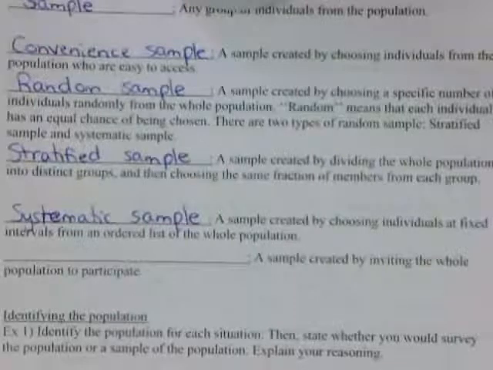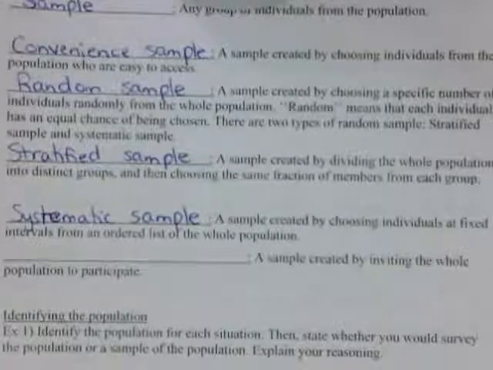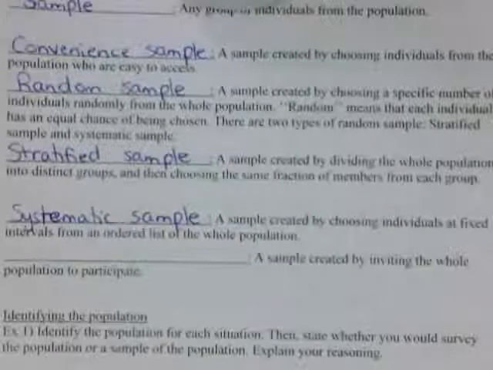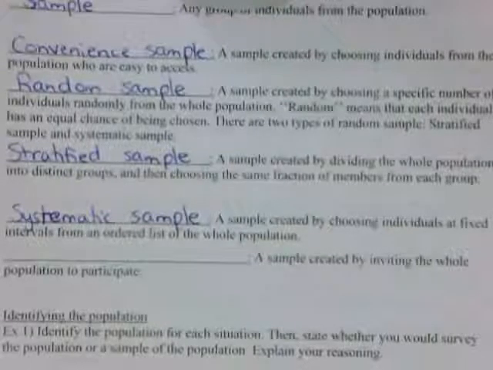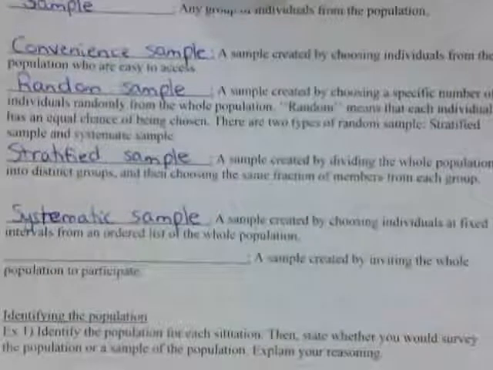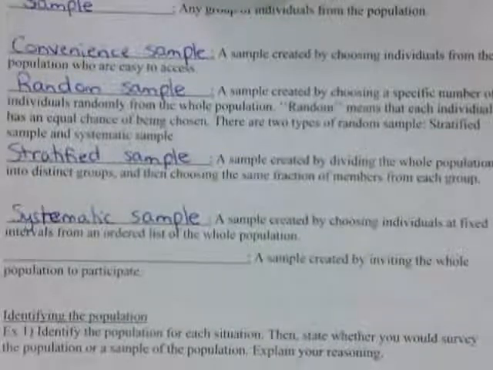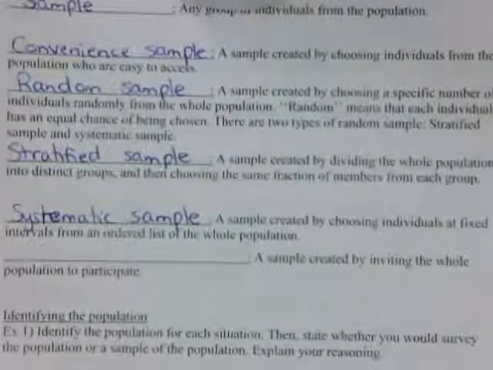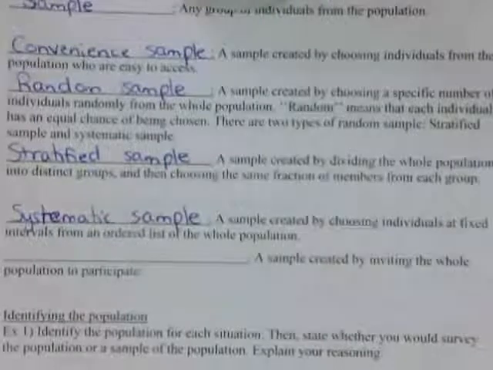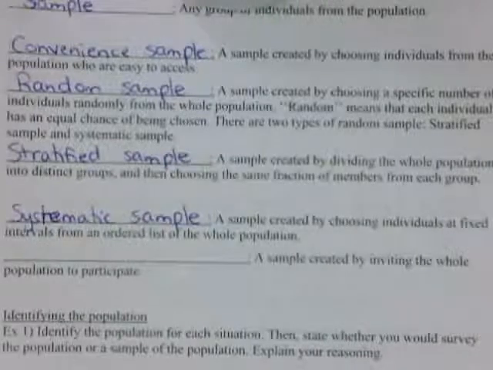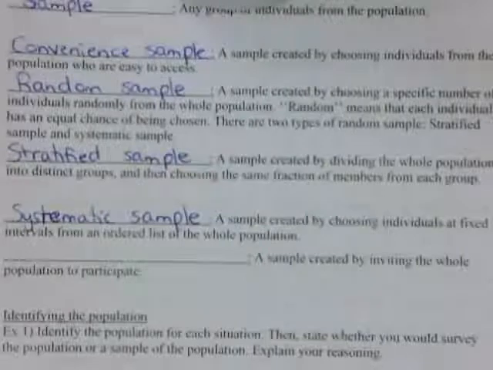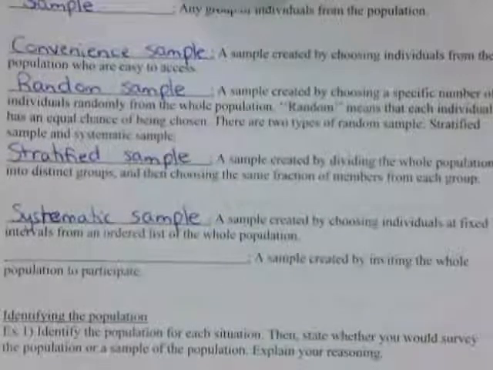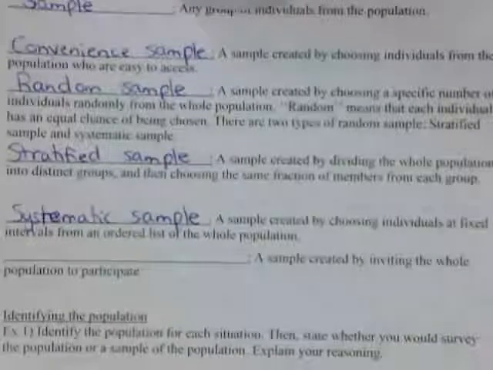So for example, if I wanted to choose all the grade 9s, but I wanted to just go off of a list in alphabetical order of last names, immersion or English, it doesn't matter. That would be a systematic sample, because then I would choose every fifth person, let's say, and ask them the question. So if I have person 1, 2, 3, 4, then person number 5 would get chosen. And again, it's going off of a list, and that list would be ordered by last name alphabetically.